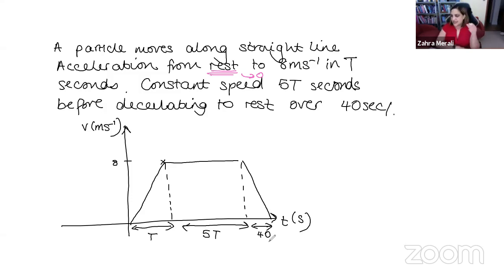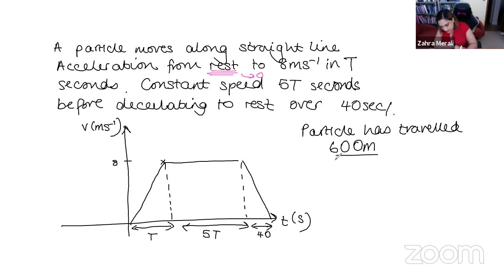Now let's say they tell you the area by telling you what the distance is. So they say the particle has traveled 600 meters. Find t. So now that tells us that the area under the graph is 600. Now remember the area of a trapezium, we've got half, a plus b, times h.